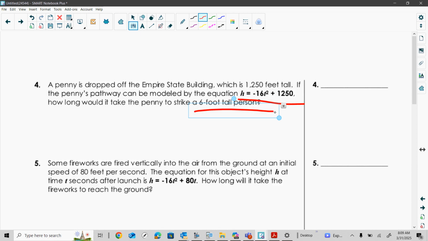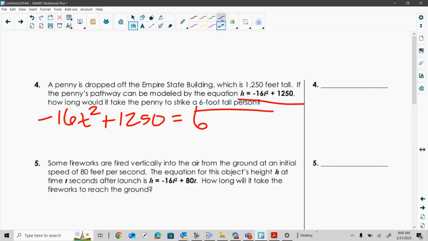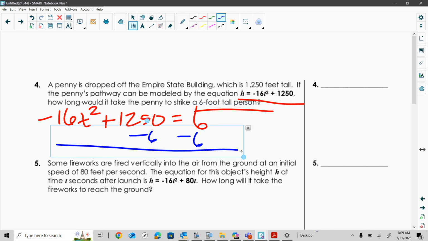So we're finding this negative 16 t squared plus 1250, and we want it to equal 6. Remember, this needs to equal 0 to solve it, so we're going to subtract 6 on both sides, and now we have our new equation to answer.